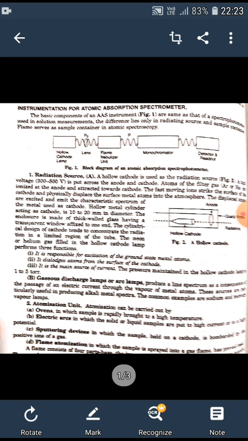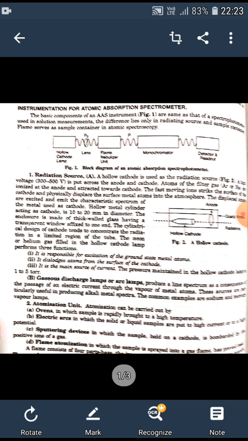Atoms of the gas argon or helium are ionized at the anode and they are attracted towards the cathode. The fast moving ions strike the surface of the cathode and physically displace the surface metal atoms into the atmosphere. The displaced atoms are excited and they emit the characteristic spectrum of the metal used as cathode.